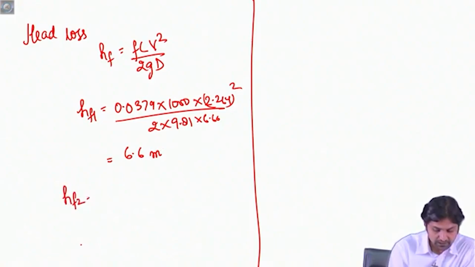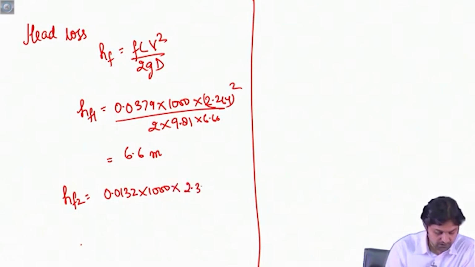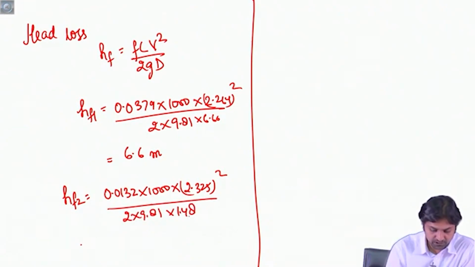Similarly, we will calculate HF2, same formula. The new F was 0.0132 into 1000 into 2.325, the velocity had changed, divided by 2 into 9.81 into 1.48, and this comes out to be 2.450 meter head loss.